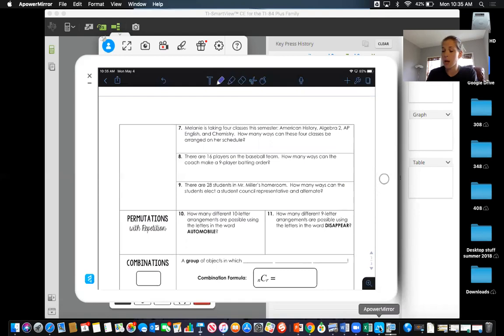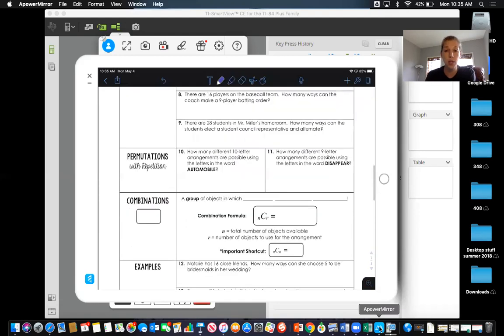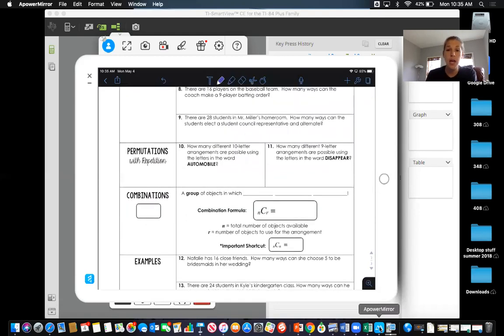So moving forward, I'm going to go into permutations with repetition. I'm going to skip a few examples. If there are times that you have repeated letters, such as the O in automobile, you're going to have to use factorial for this one. You're going to have your number of letters on the top. In this case, there are 10 letters in automobile, so I would have 10 factorial on the top.